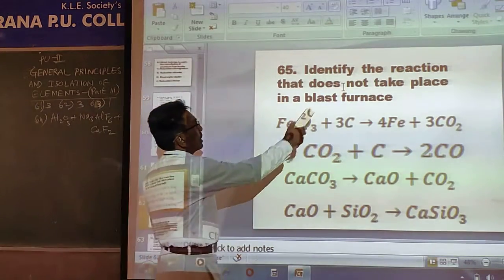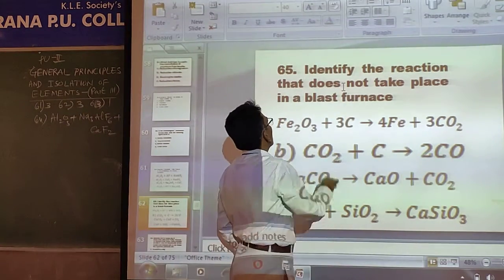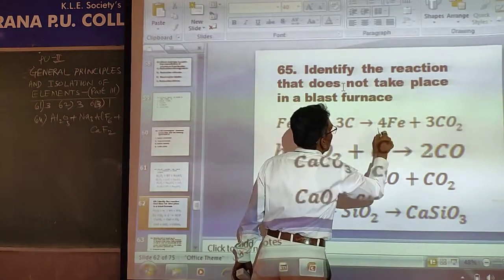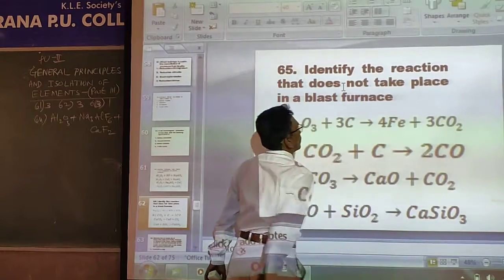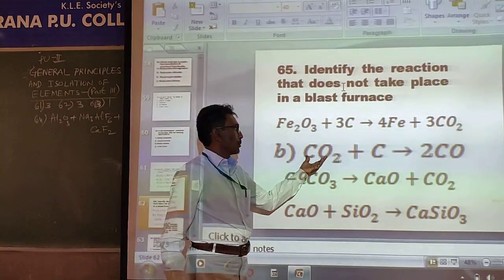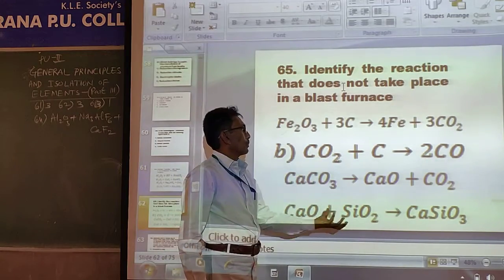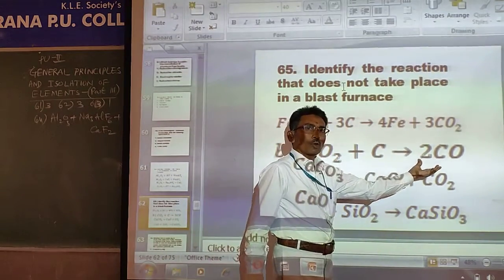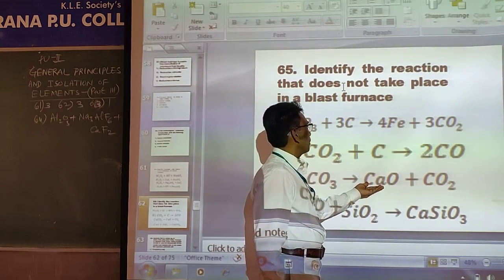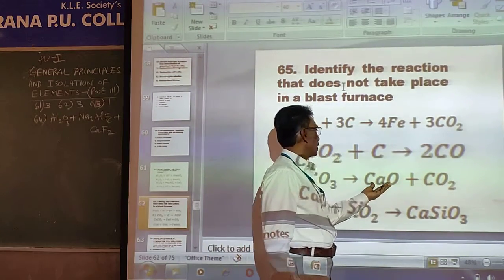Now identify the reaction that does not take place in the blast furnace of iron. Fe2O3 plus carbon giving iron and carbon dioxide is wrong; it should be carbon monoxide. CO2 gas is produced from CaCO3 and passed over coke to form carbon monoxide, which is correct. CaCO3 decomposes in the middle of the blast furnace to give carbon dioxide and calcium oxide.